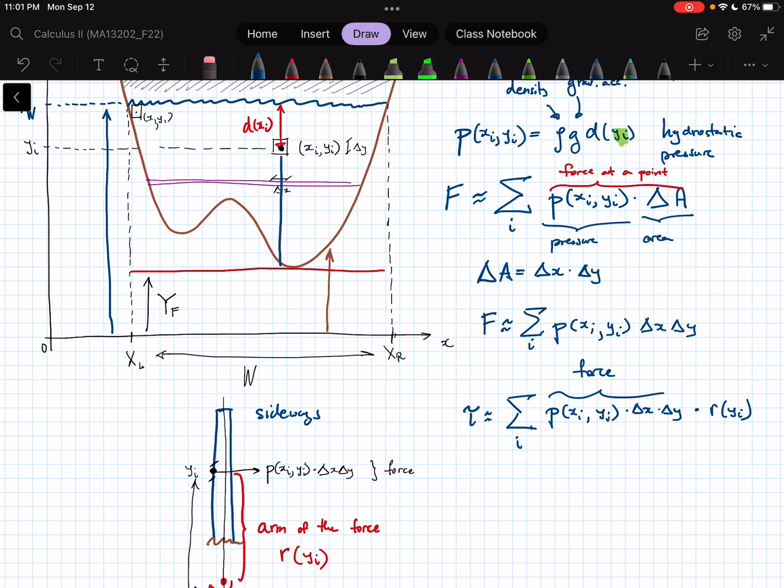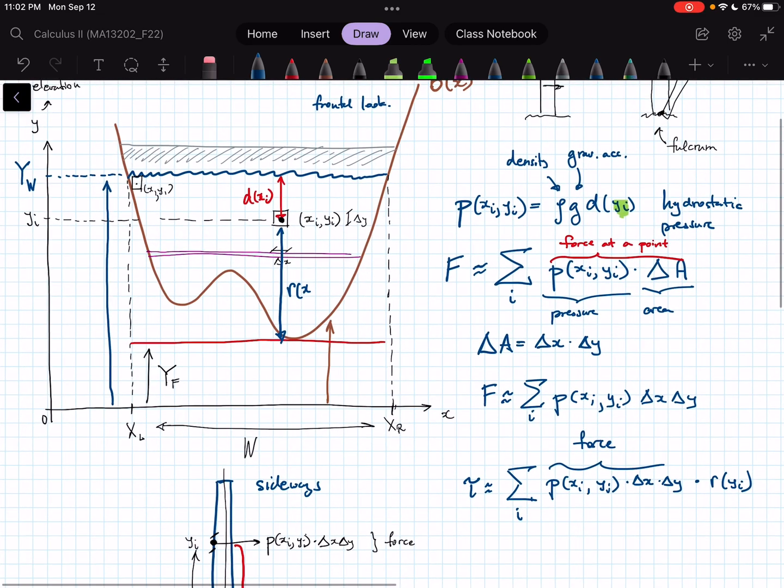In this case, this distance here to the red line here is going to be r of yi. I don't know why I wrote here d as a function of xi. D is a function of yi as well.